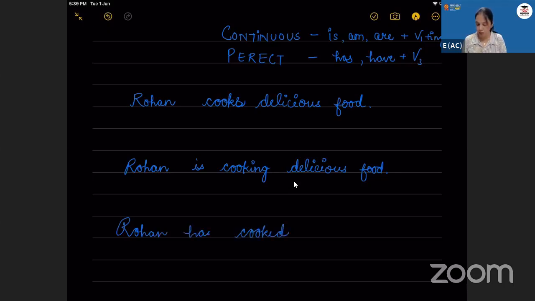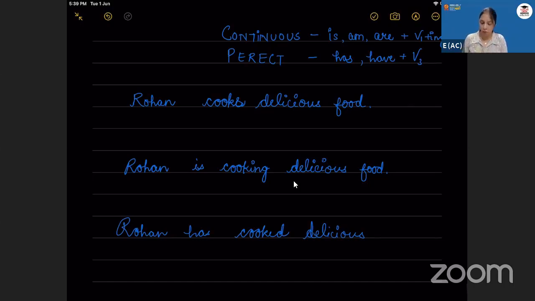And it is which tense? Present perfect tense. Perfect. Has, have is always concerned with present. Present perfect. So, Rohan has cooked delicious food.